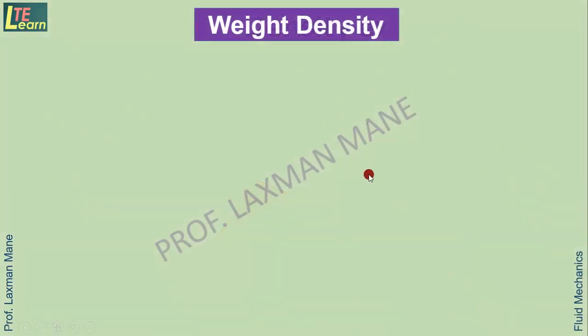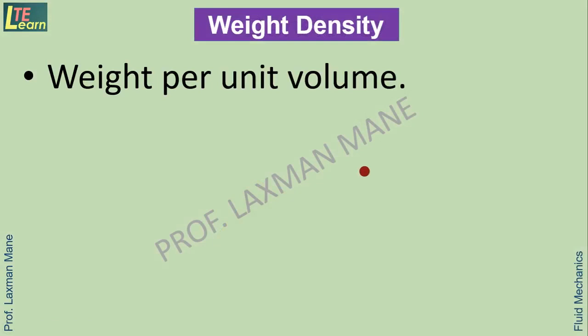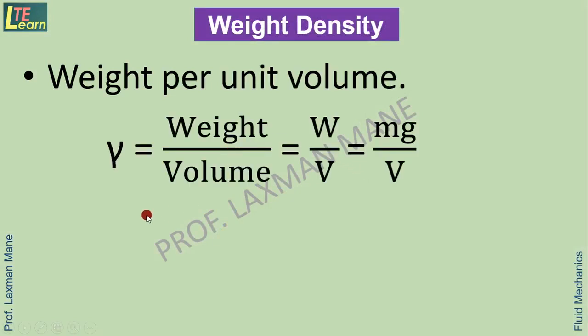The next property is weight density. It is the ratio of weight per unit volume. Mathematically it is indicated by the Greek symbol gamma, as W, capital W, is equal to m into g. m is the mass and g is the acceleration due to gravity.